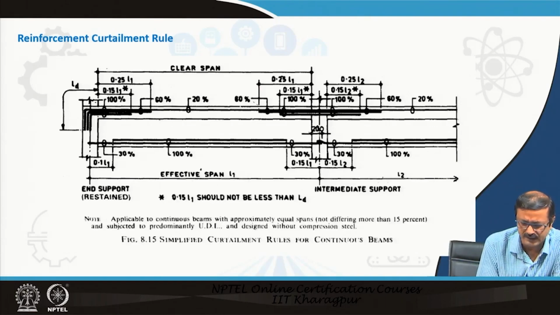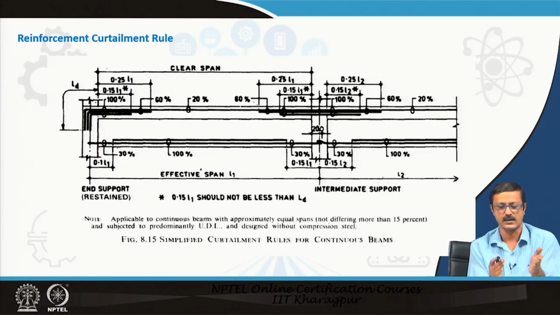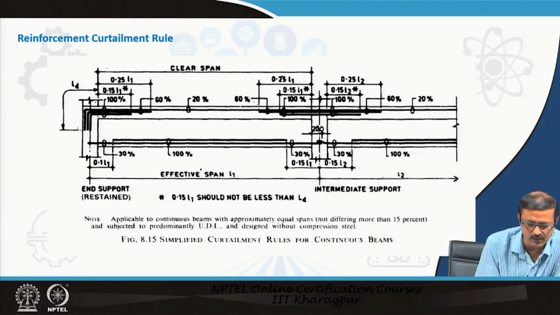In the tensile zone, the 100% bar is running over here, and there is a curtailment at least at the point where L1 is the effective length. So, 10% of this you can curtail, maximum 30% curtail, you cannot curtail more than that. Similarly, at the support, more reinforcement is given near the support.